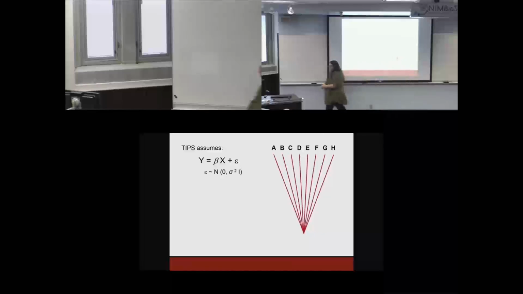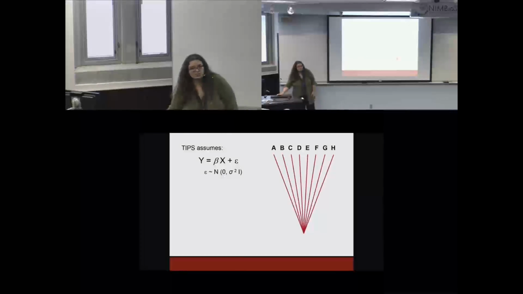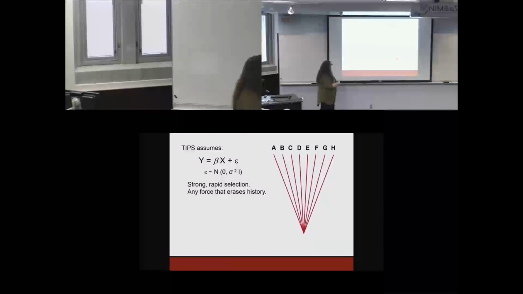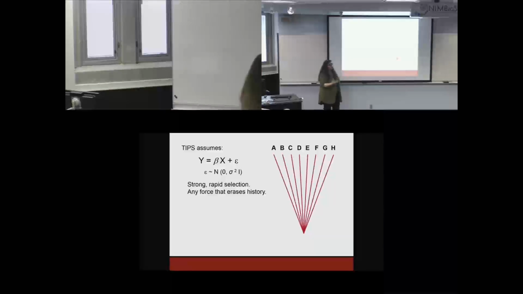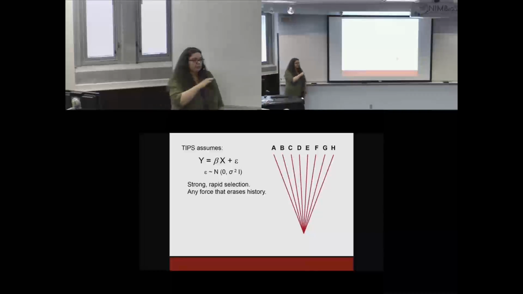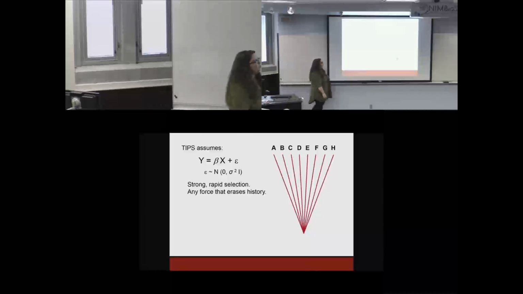And so for this, what I'm calling tips, just for historical reasons, referring to the tips of the phylogeny. Some of the things that could create this sort of pattern are, for example, strong and rapid selection. If you have really strong selection that's pushing the trait in one direction or another, it completely erases history, right?